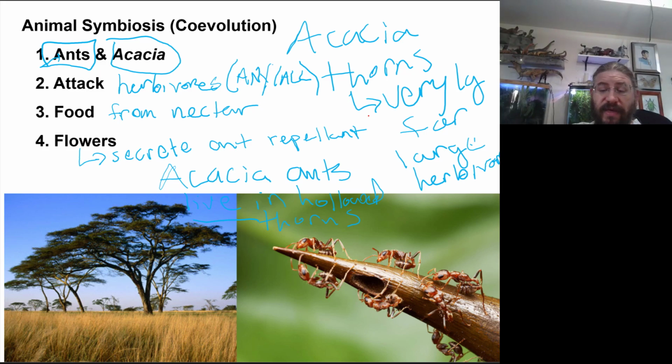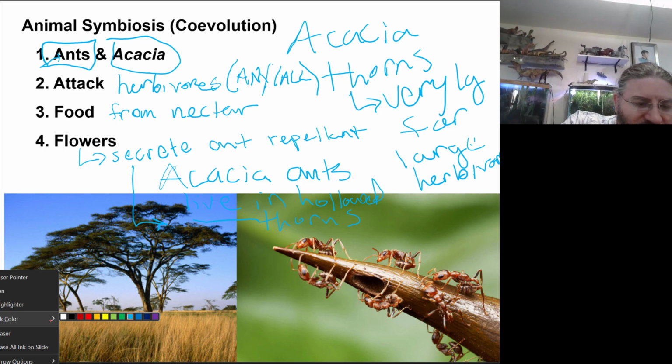They are crap when it comes to pollination. So you have to repel your vicious defenders to allow pollinators to feed from the flowers.